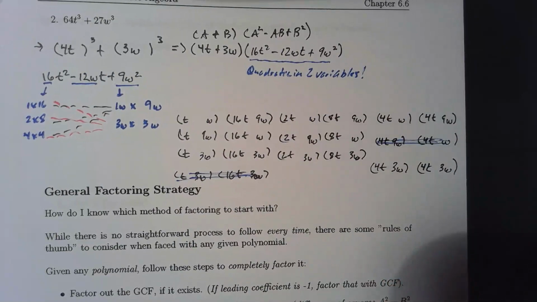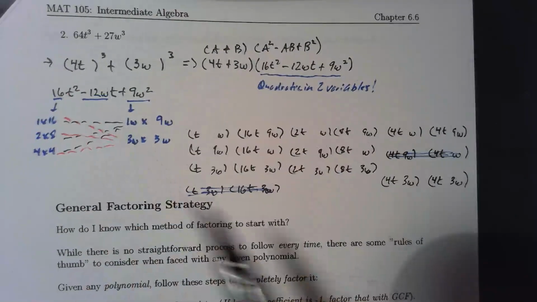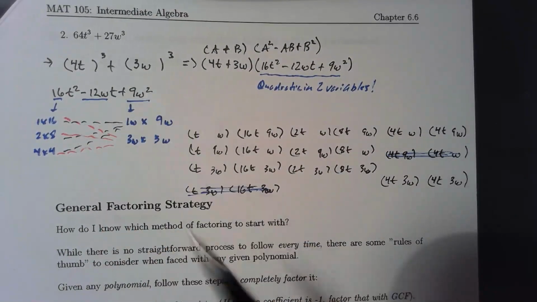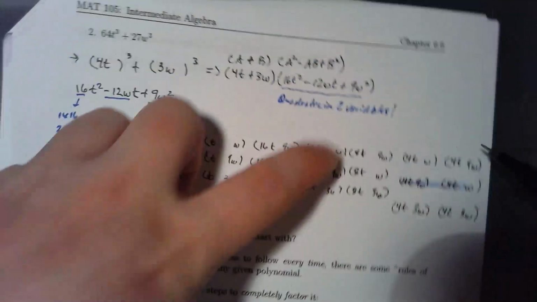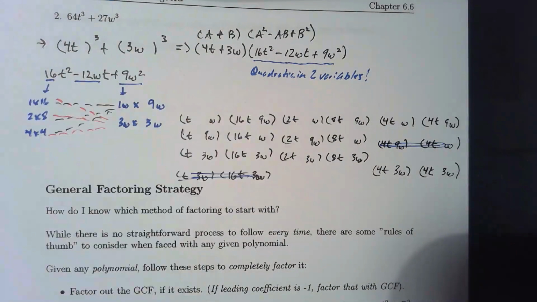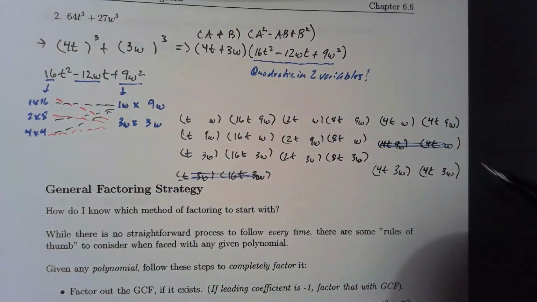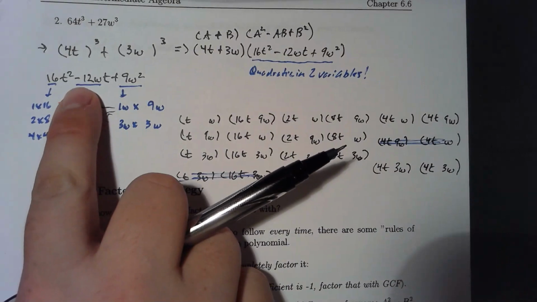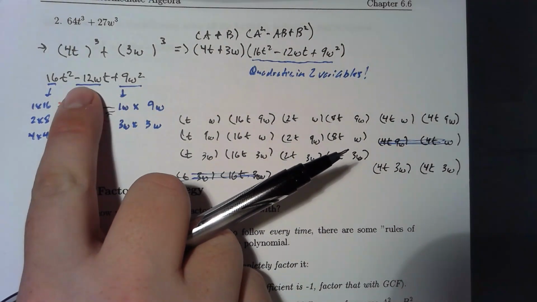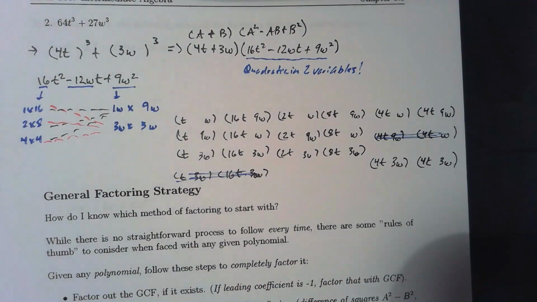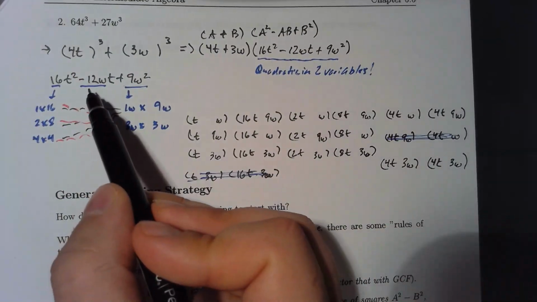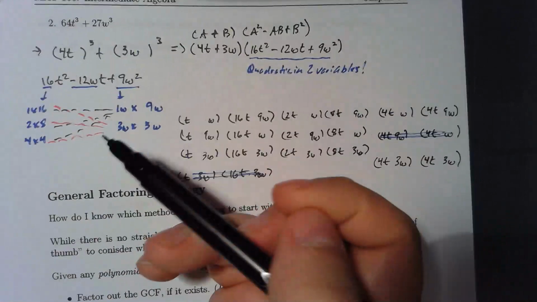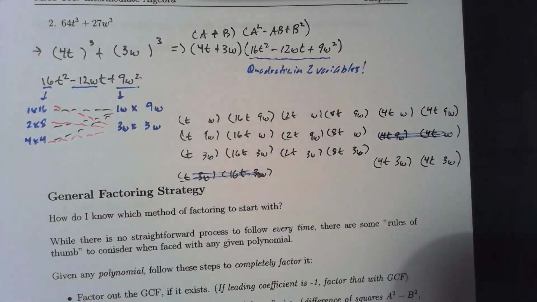So when it's all said and done, all the possible factors for this polynomial are 1, 2, 3, 4, 5, 6, 7, 8. So there's 8 different combinations that might give me negative 12w. If one of these combinations gives me negative 12w, I have my factors for this quadratic.